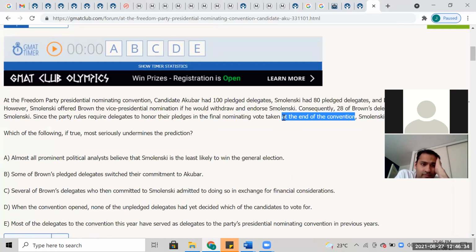No, I did not consider this at all, because as I said, this is violating what the question stem is saying. If B is true, let's say all 32 are going ahead and supporting this Akbar guy, that is enough to turn the tables and will undermine the prediction.